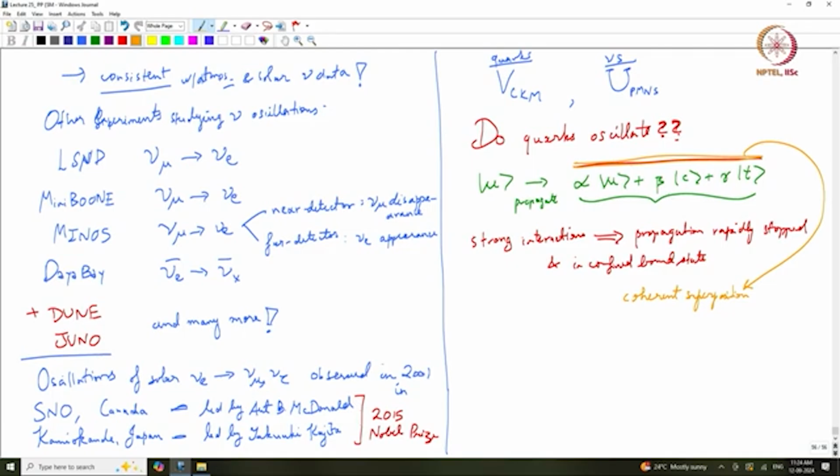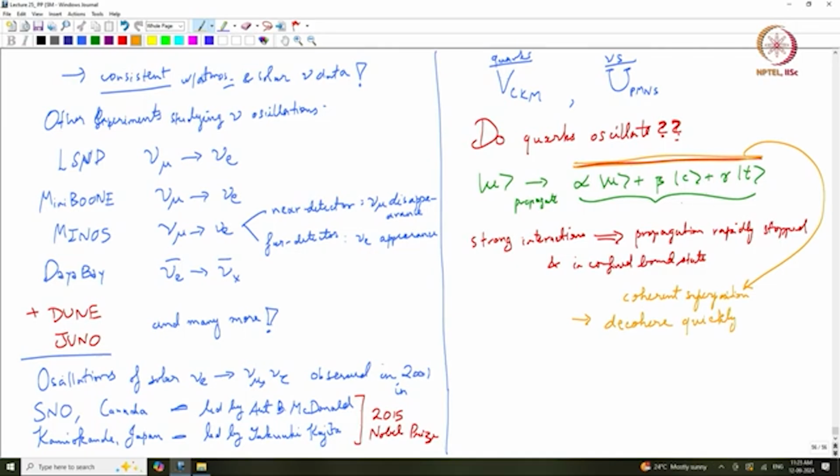But then because it is going to encounter all these other nuclei, baryons and so on in the medium in which this is traveling, this combination is going to immediately decohere. So you are not even going to hold on to this coherent superposition in the first place.